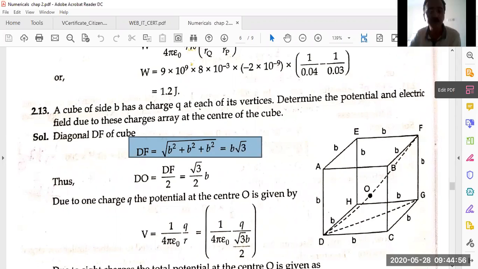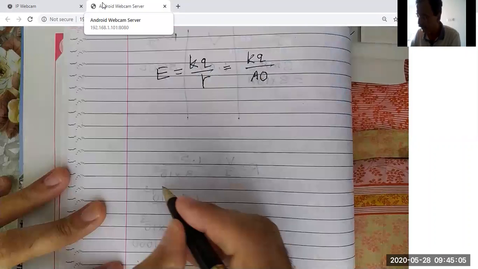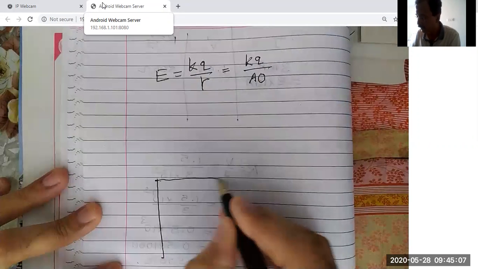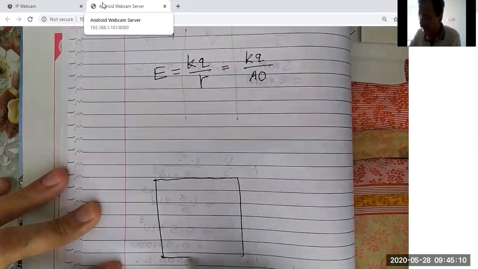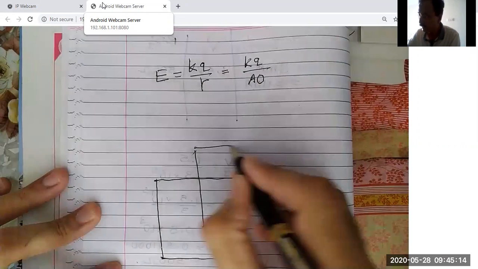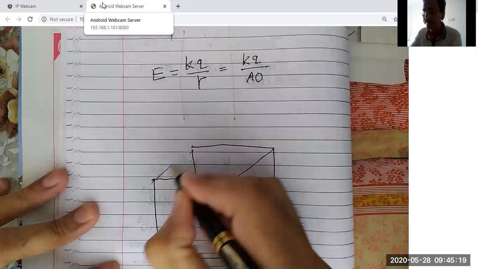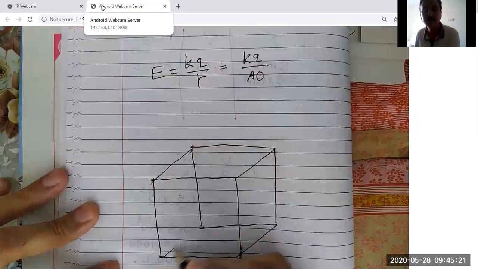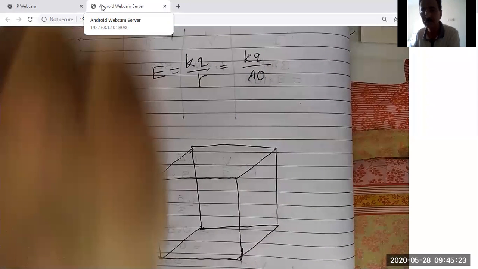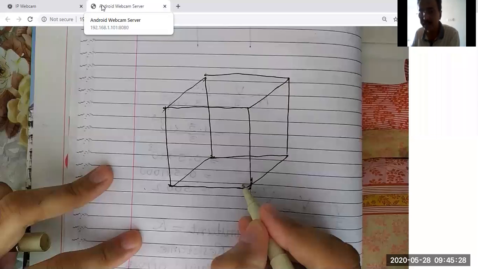Now let's see. This is a right angle, 90 degree.